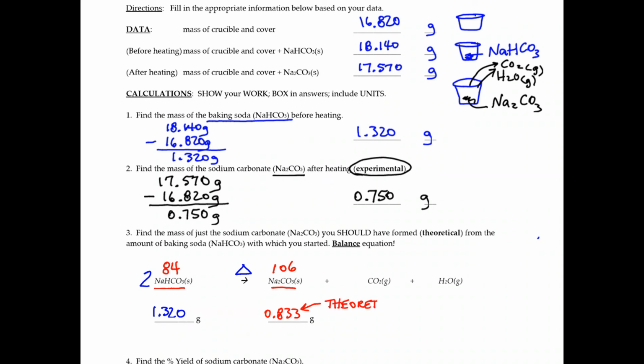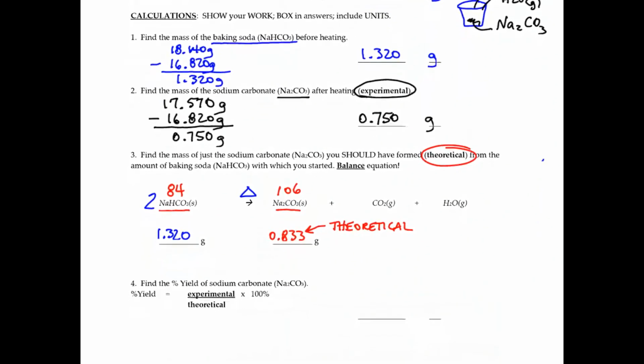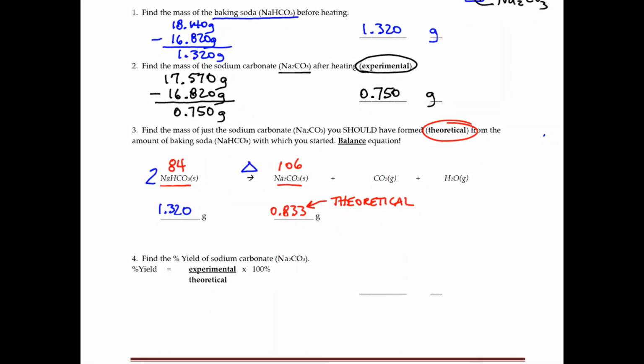Theoretical is what should I have made. What was I supposed to make? And the bridge is always going to give you that answer. Now when you want to figure out the percent yield, you just take your experimental divided by your theoretical. My experimental, what I got in my lab, was 0.750 grams of the Na2CO3.